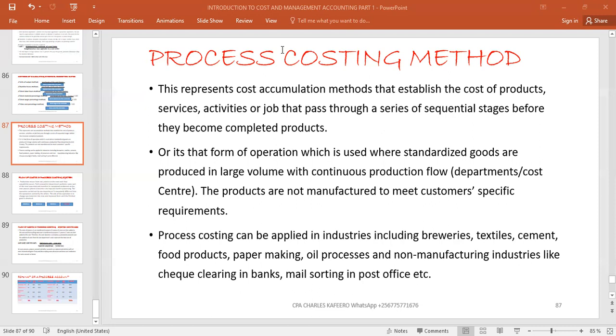The other costing methods are the backflush method and the hybrid method.